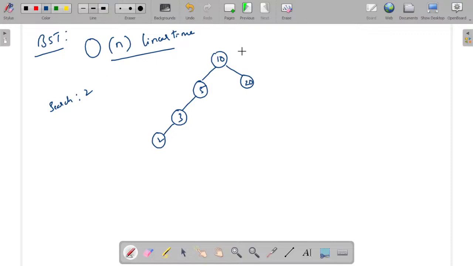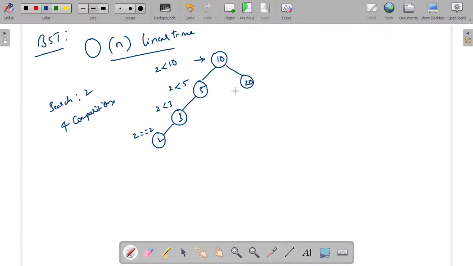According to the binary search tree, the first comparison is performed between 2 and 10. 2 is less than 10, so we go to the left child. Again, we compare 2 and 5. And again, 2 and 3. 2 is smaller, so we go to the left child, which is 2. So to search for 2, we have used 4 comparisons.